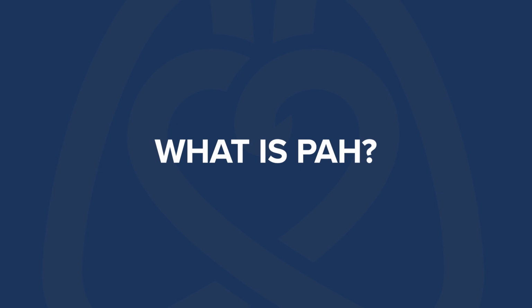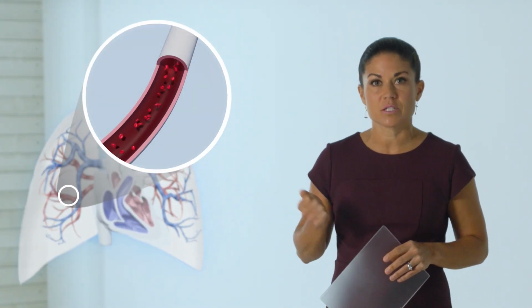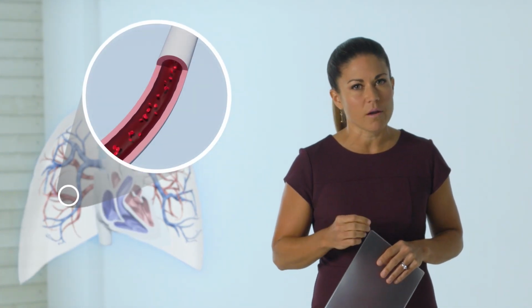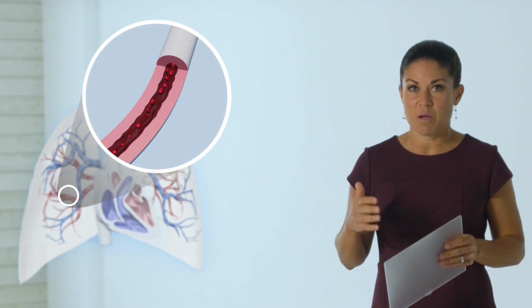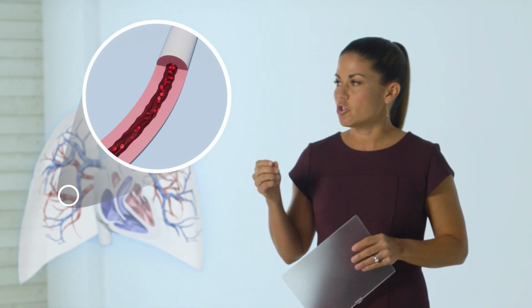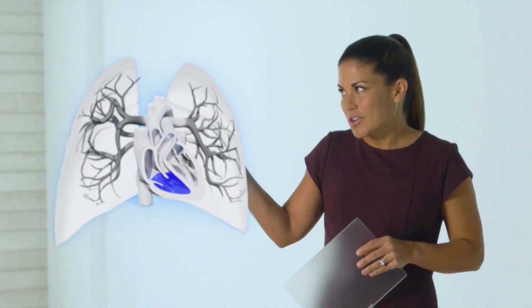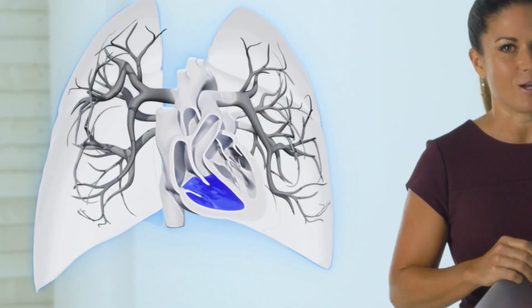So, what is PAH, or Pulmonary Arterial Hypertension? PAH begins when the walls of the blood vessels in the lungs thicken and become more narrow. Because the blood vessels become more narrow, it's harder for the blood to pass through them. The reduced blood flow that is caused by the narrowed vessels creates increased pressure on the right side of the heart.